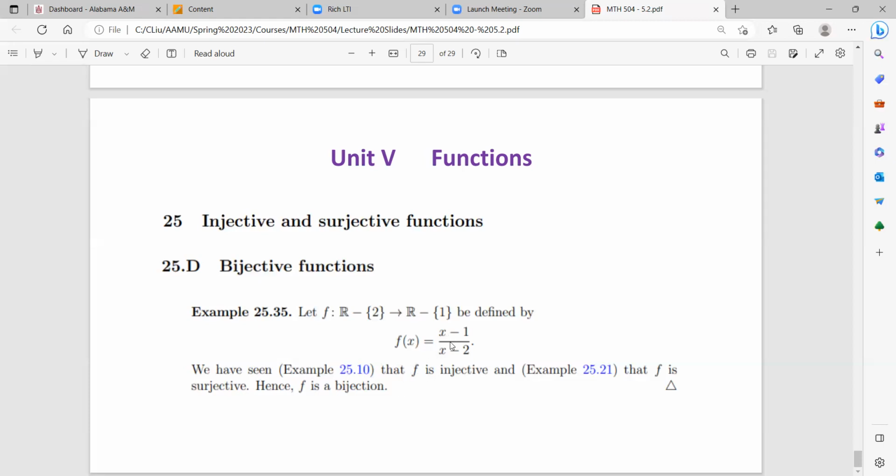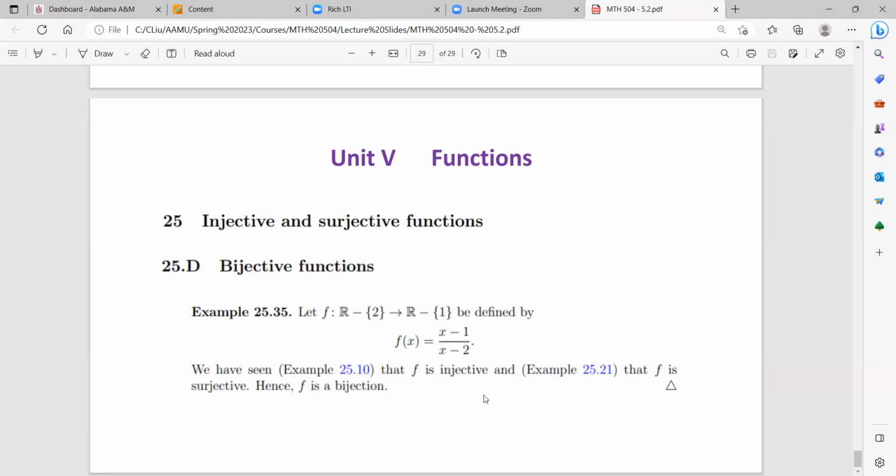And if you draw the graph of the function, you can also easily see that if you draw a horizontal line, it intersects the curve exactly once whenever the function is defined. Okay, remember the domain and the range. I mean the codomain. So here the codomain is the same as the range. So this is a bijection.